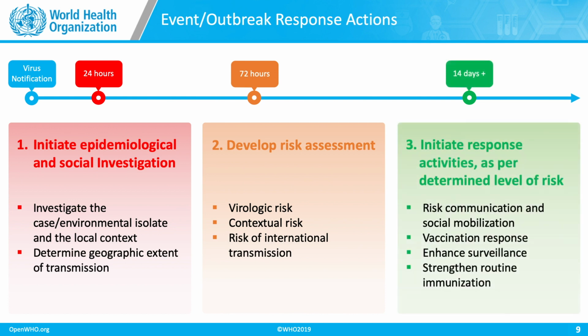And from 14 days onwards, depending on the level of risk, response activities are initiated. These include communicating the risk and social mobilization to inform affected communities, immunization campaigns to vaccinate children, enhancing surveillance to help health workers to recognize symptoms and identify new cases, and strengthening routine immunization to ensure children are vaccinated.